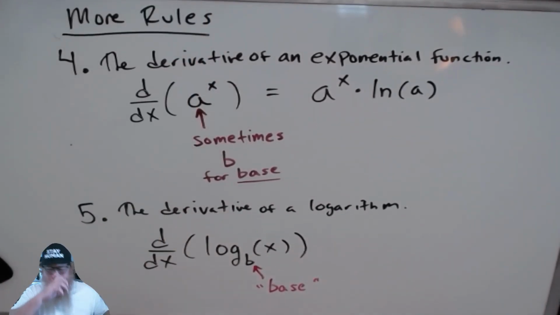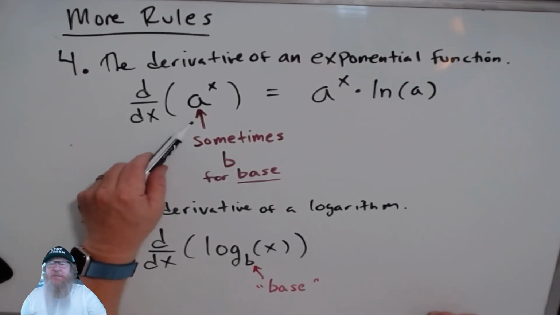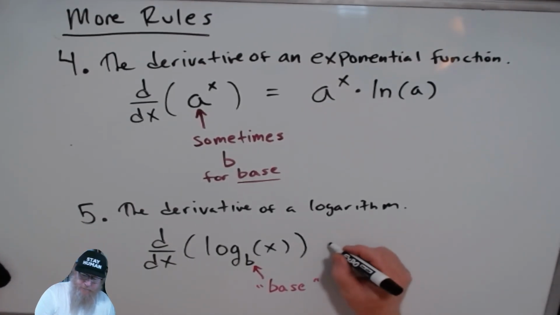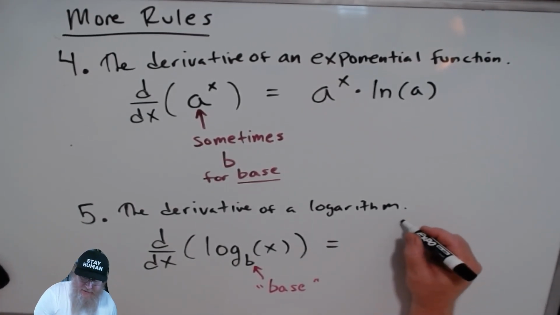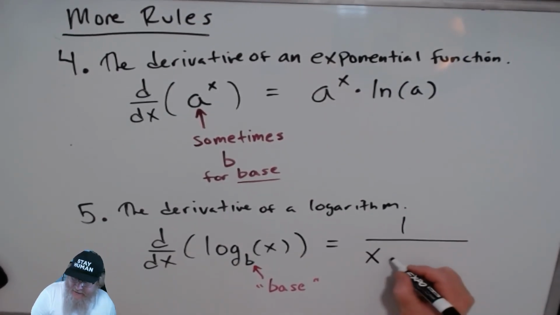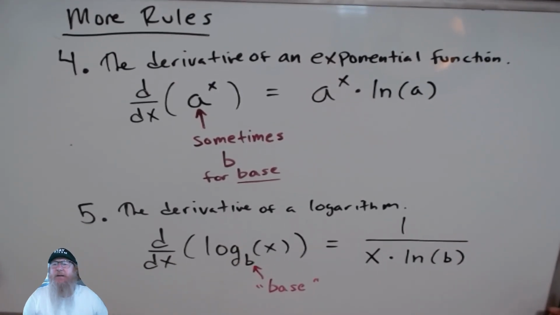On a calculator, if you have a fancy calculator that does logarithms, it'll sometimes use a b for a base. But sometimes we use a. A and b really mean the same thing. It's the base. This is 1 over x times the ln of b, whatever the b is.